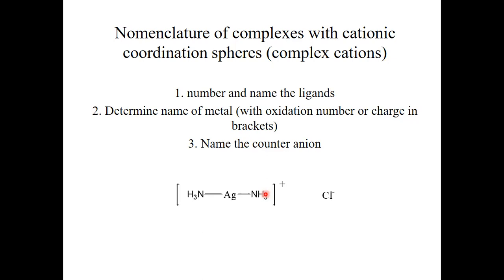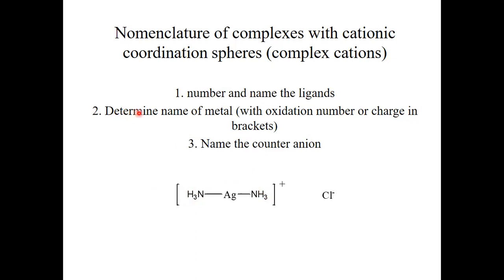So when you name the ligand, spell it with 2 M's. Otherwise, again, you will lose points. So we have 2 of these ligands. Therefore, the name starts with diamine.